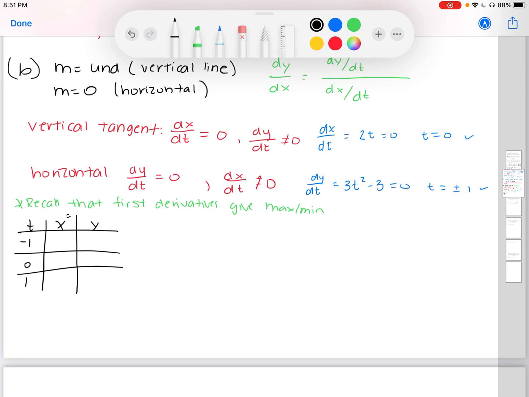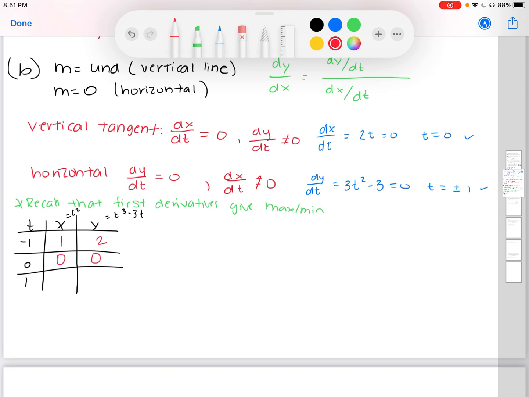So our equation is x equals t squared, y is equal to t cubed minus 3t. That was what was given. And we just plug in t. So when t is -1, x is 1, y is 2. When t is 0, x is 0, y is 0.